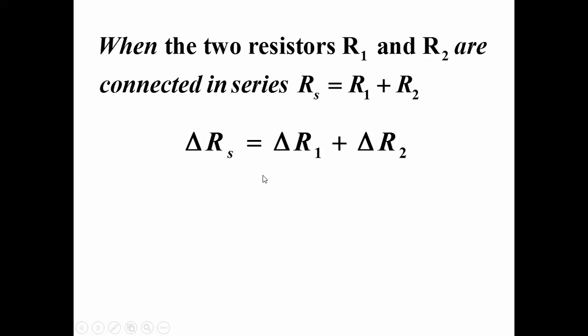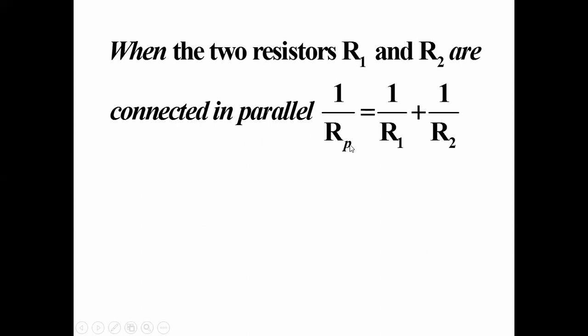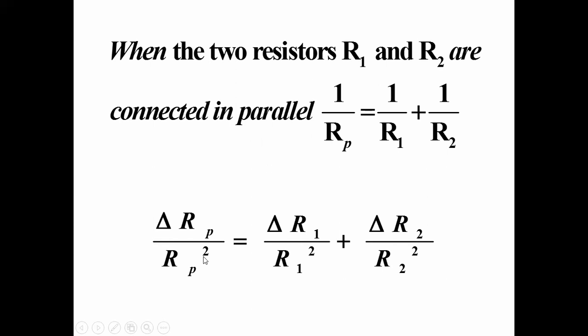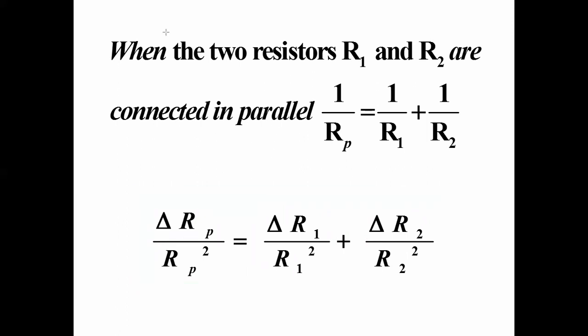Delta Rs is equal to delta R1 plus delta R2. This is series combination. Parallel combination will be like this. 1 by Rp is equal to 1 by R1 plus 1 by R2. Then delta Rp divided by Rp square is equal to delta R1 divided by R1 square plus delta R2 divided by R2 square, like this.